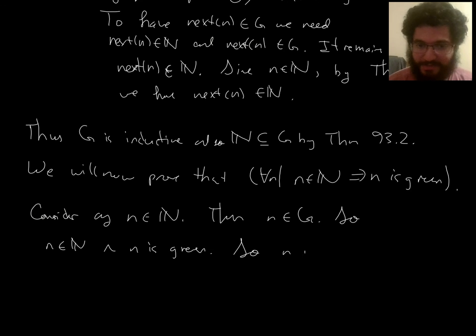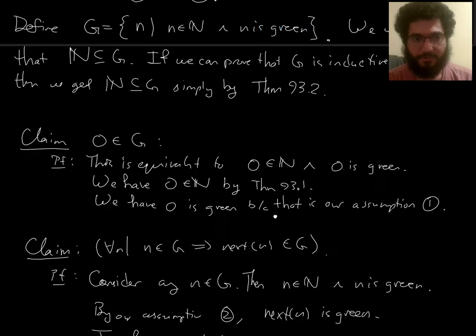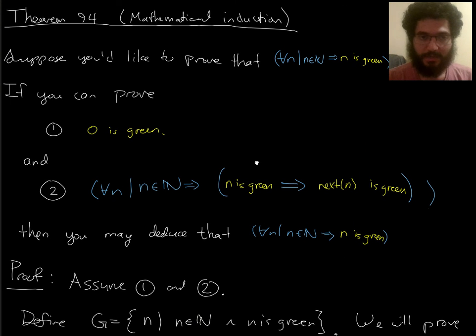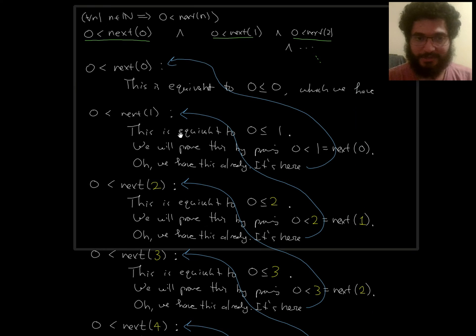So in particular, n is green. That's the part we need, right? And that's it. So that proves that mathematical induction works. And I hope that makes it clear that it's really a different thing from scientific induction.